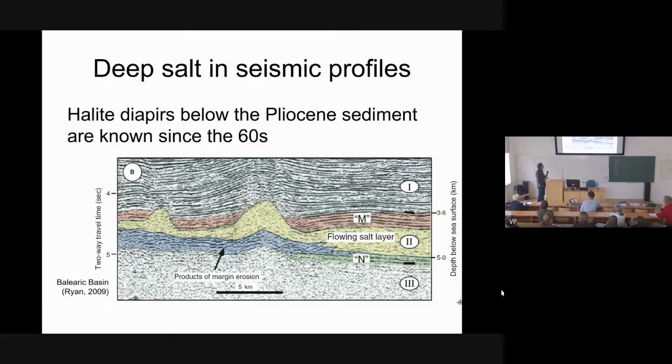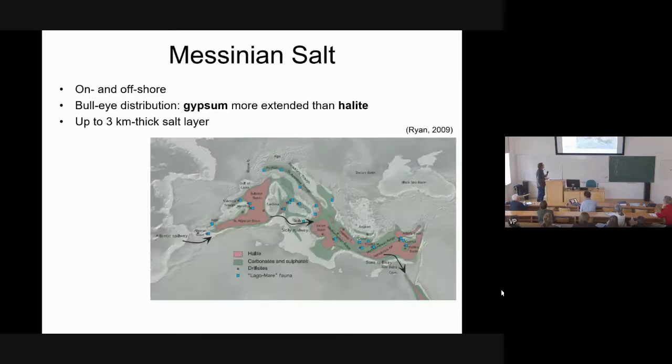So it was easy to recognize that there was this halite layer that you can see in Sicily. It was also present in the depth of the sea. So slowly, with the proliferation of these seismic techniques, a map has been developed where you can see that halite is concentrated in the center of the basins, whereas gypsum is more in the outer parts.